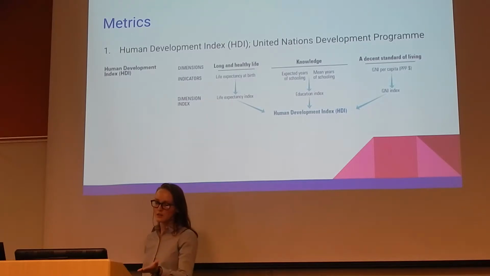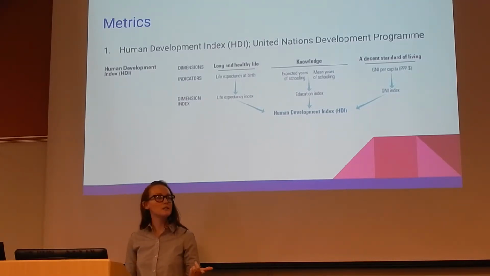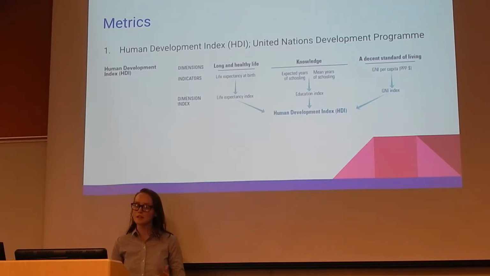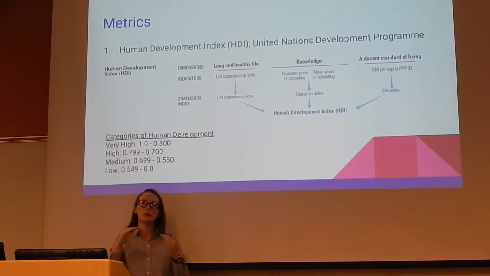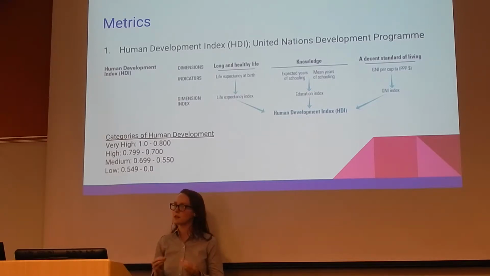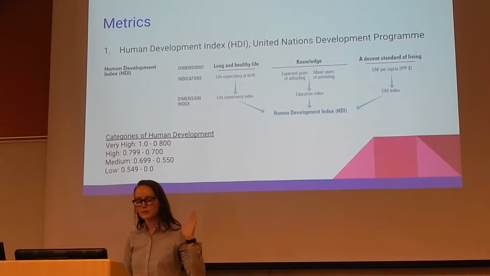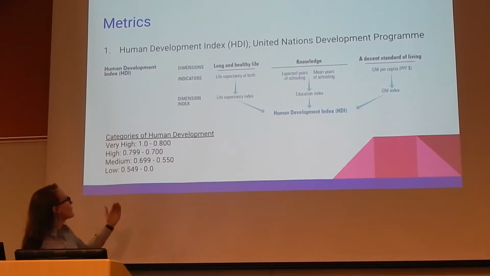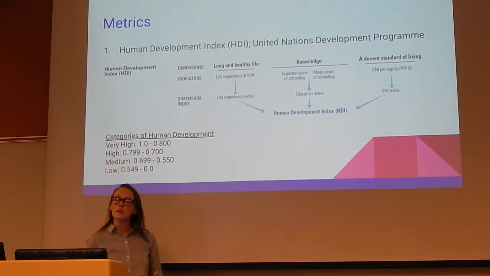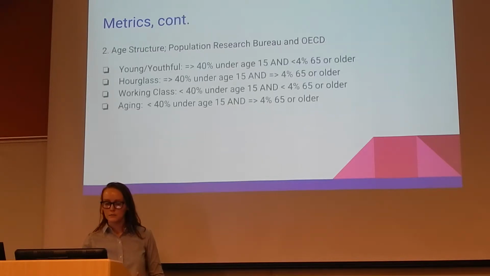The things that they use to test that are life expectancy, education index, so that's years of schooling, expected and mean, and then what their standard of living is like. It's basically indexed into a score for every country across the world with some exceptions. The categories that they offer are listed here, so very high down to low. Those categories, as you'll see later, are what went into my Python script.